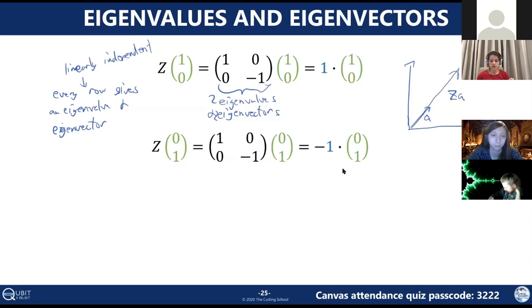That's the whole special thing with eigenvalues and eigenvectors: they just end up scaling your eigenvector. If you multiply an eigenvector by its matrix, you'll just scale that eigenvector by its eigenvalue. So this is its eigenvalue.